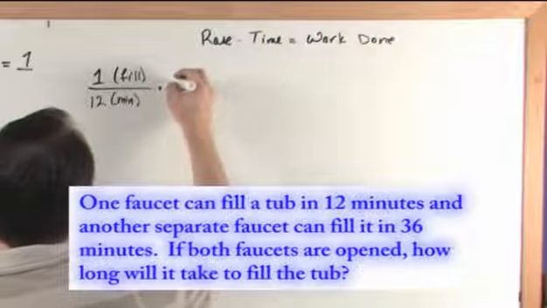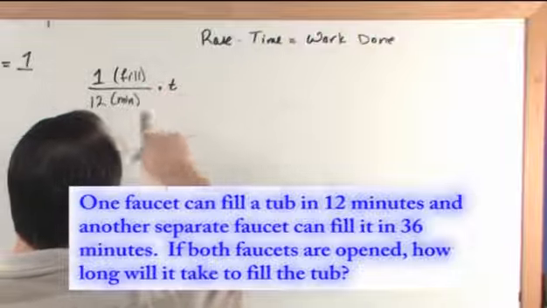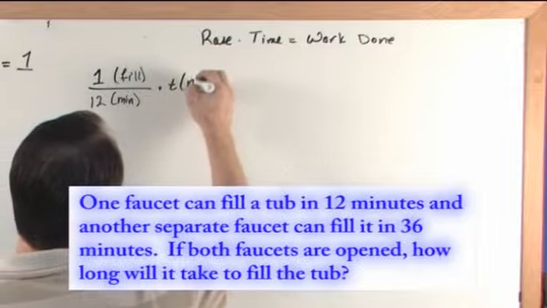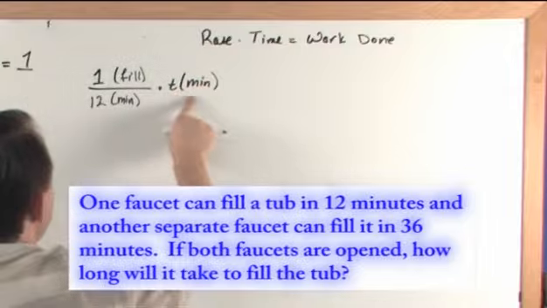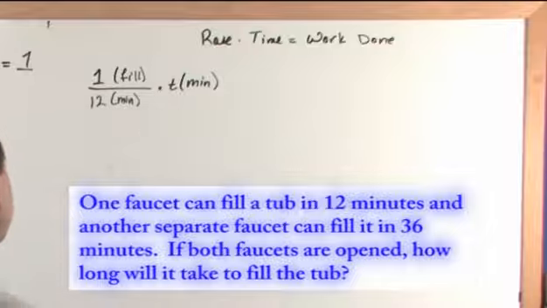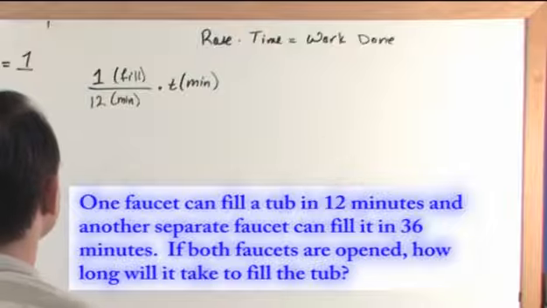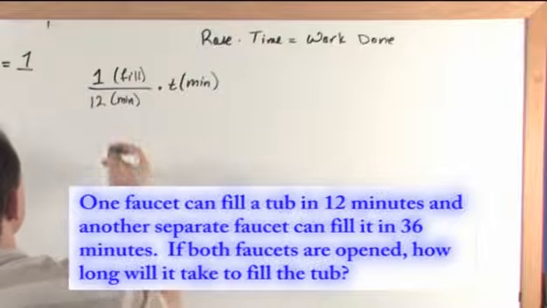Times the time that we actually fill the tub, which I don't know, that's my unknown, but it's going to be in minutes. Now I'm defining time t in minutes, and the reason I'm defining it in minutes is because I'm dealing with minutes all throughout the problem. So t will be in minutes this time.